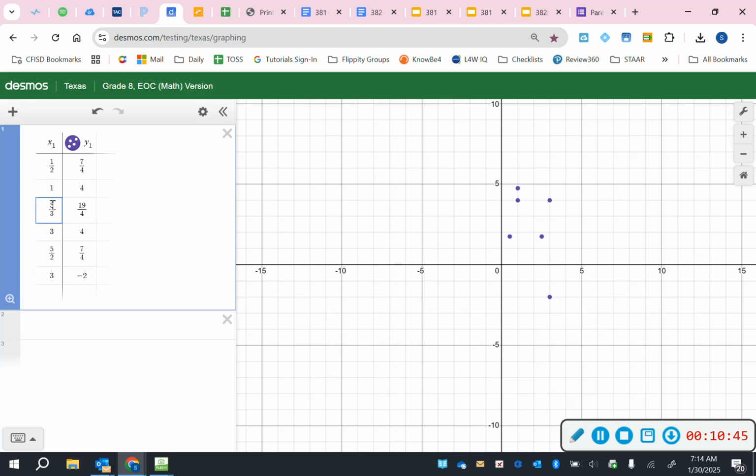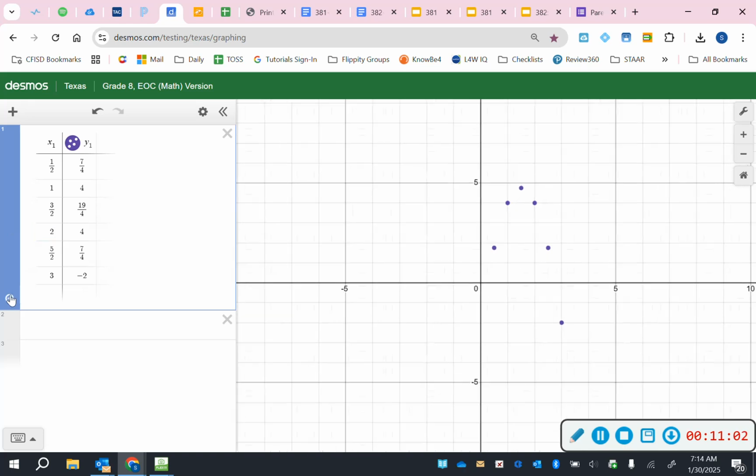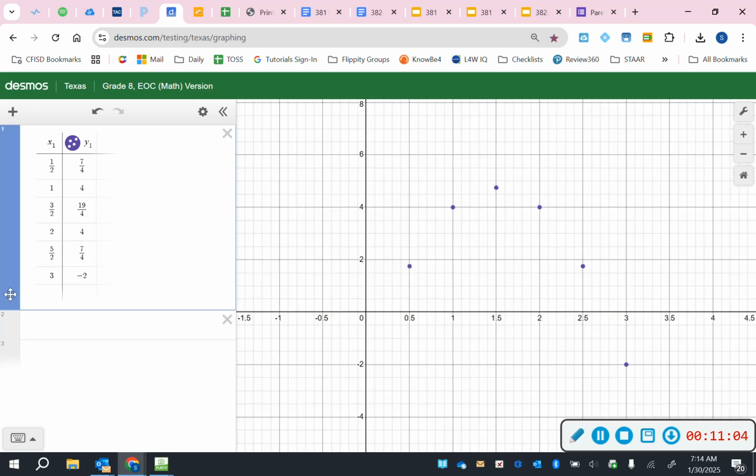Oh, I put 3 over 3. That's supposed to be 3 over 2. There we go. And I can always click on this magnifying glass and it'll zoom in to show us our points.